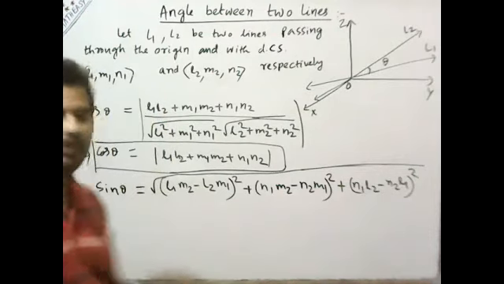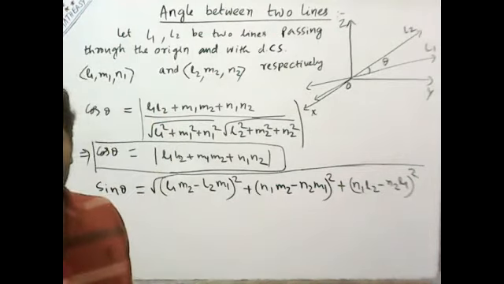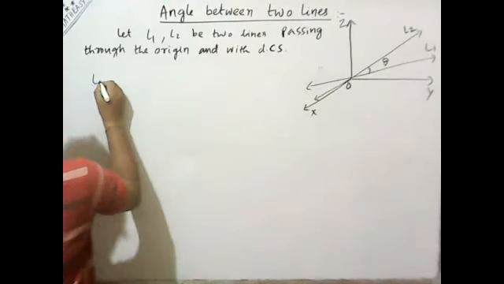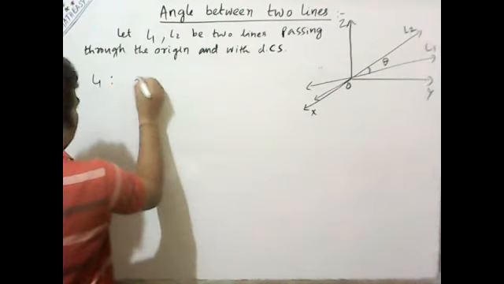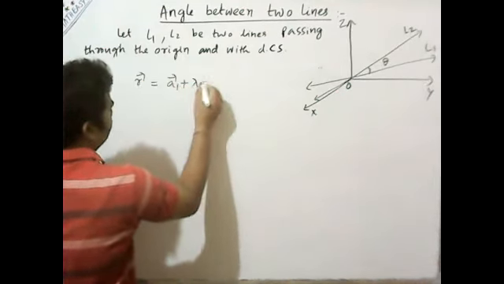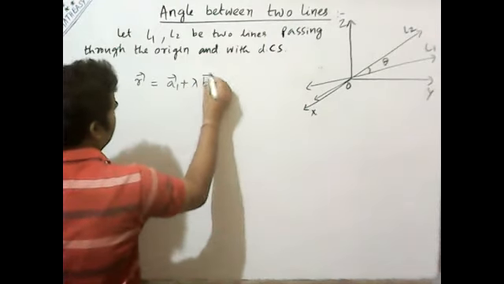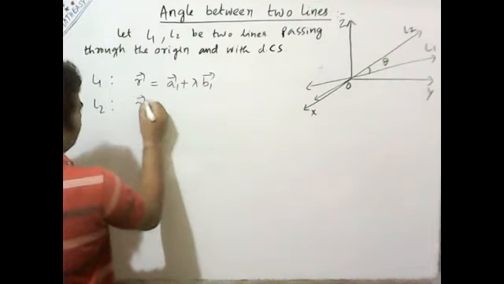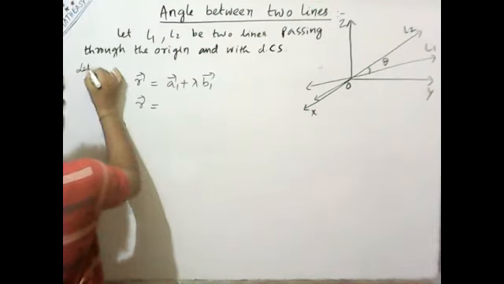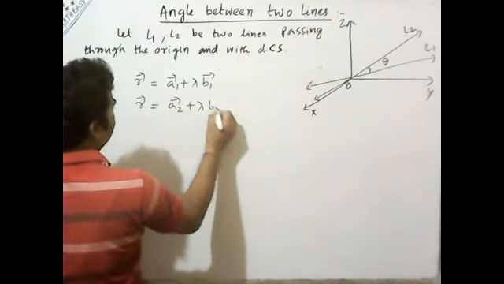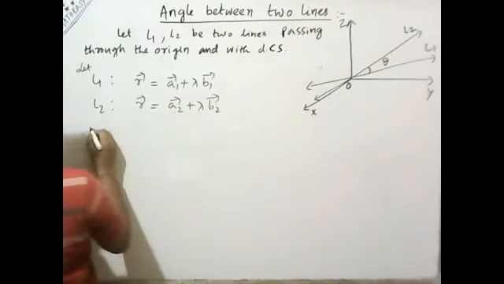If the vector format is given, then line L1 is R vector equal to A1 vector plus lambda B1 vector. Similarly, L2 is R vector equal to A2 vector plus lambda B2 vector.